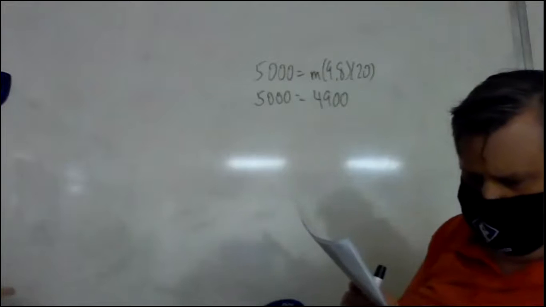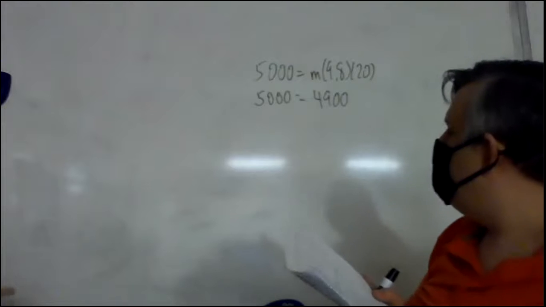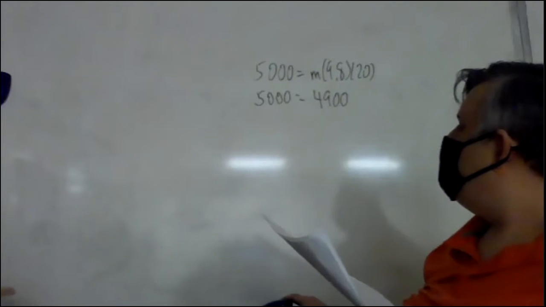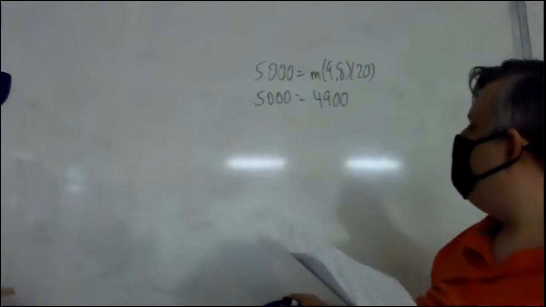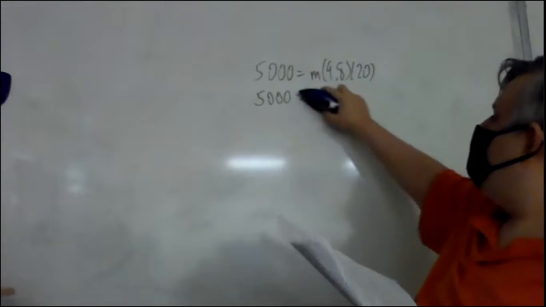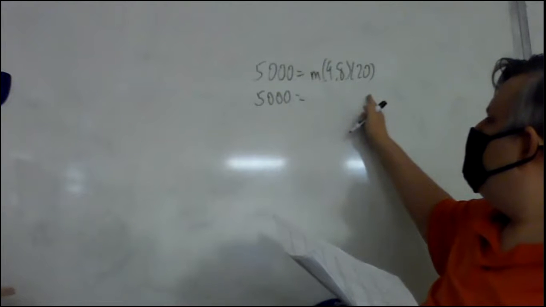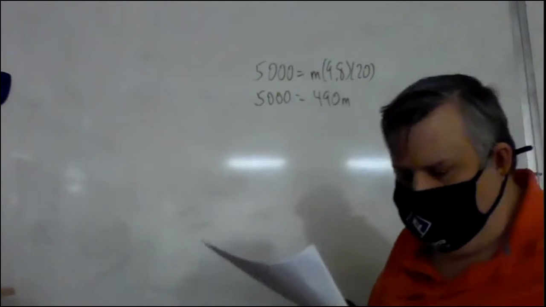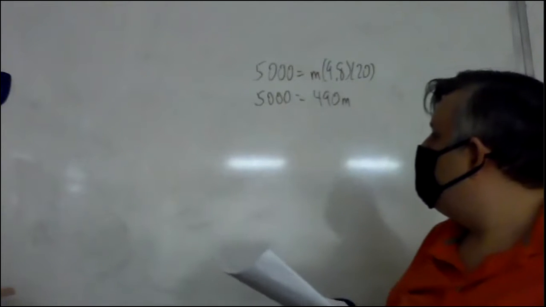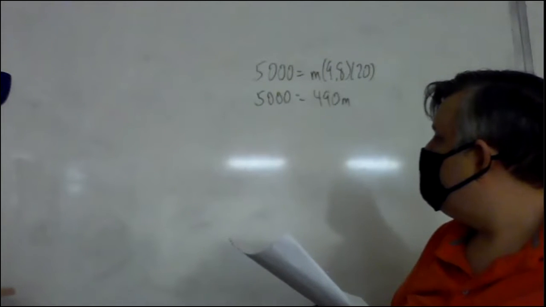Am I looking at the wrong problem? Twenty times 9.8. Give me a moment. 20 times 9.8 is not that. It is 490. And let me see then.